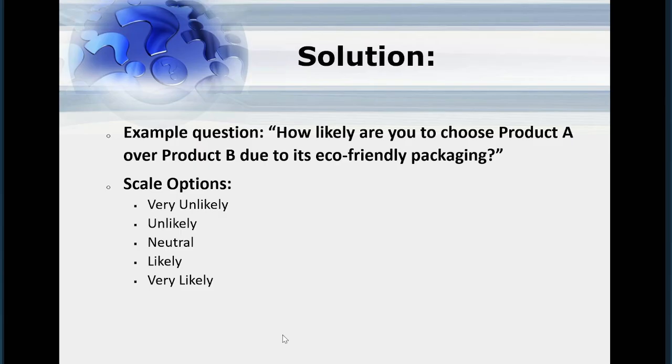Scale options in this case range from very unlikely to neutral to very likely. This scale allows respondents to indicate even slight preferences, providing nuanced insights into shifts in consumer choices.